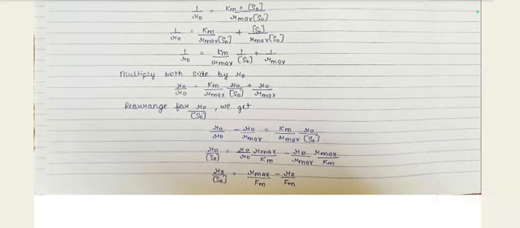Multiply both sides by R naught: R naught by R naught is equal to Km by R max R naught by S naught plus R naught by R maximum. Rearranging for R naught by S naught, we get R naught by R naught minus R naught by R max is equal to Km by R max R naught by S naught.